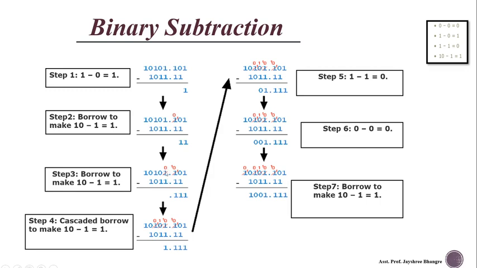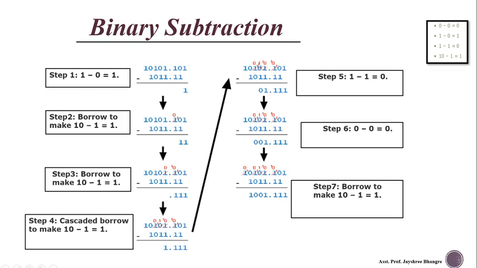To perform this subtraction, we have to borrow 1 from the next column. As in the next column 0 is there, from these two columns we have to borrow 1. So here we are left with 0 1 for the next columns, and here the subtraction is 2 minus 1 is 1.